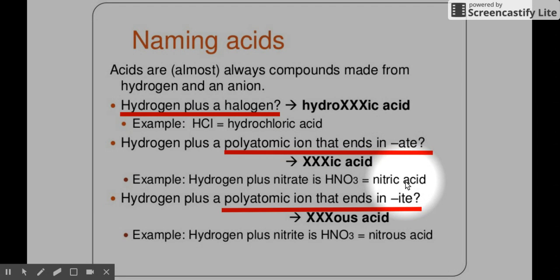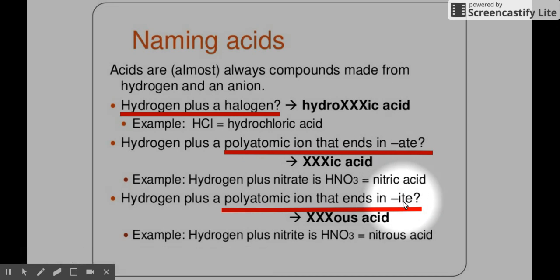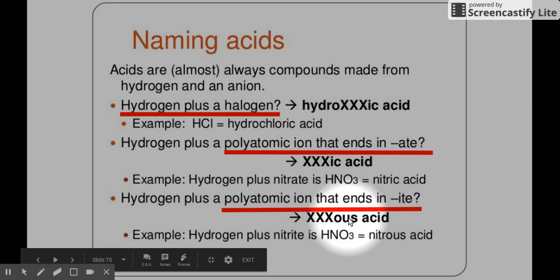Second category of polyatomic ion for ternary acids. There's a possibility that your hydrogen is paired with a polyatomic ion that ends in ITE, such as nitrite, sulfite, phosphite. These are examples of polyatomic ions that end in ITE. If your polyatomic ion ends in ITE, just change it to an OUS ending.